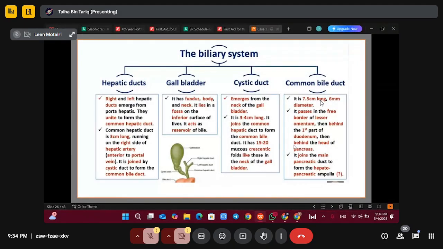Okay, so starting with the gallbladder. Sorry guys for the interruption. Actually, I have a throat infection, so it's hard for me to speak for a long period of time. I also have a cough with it, so I need to close my mic for that.